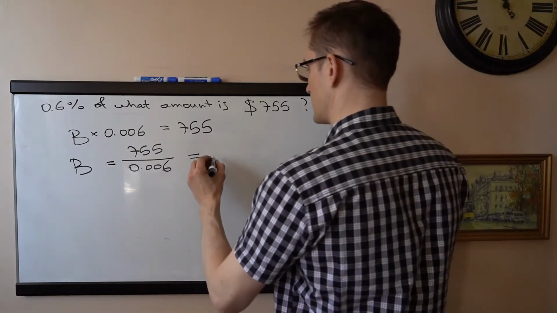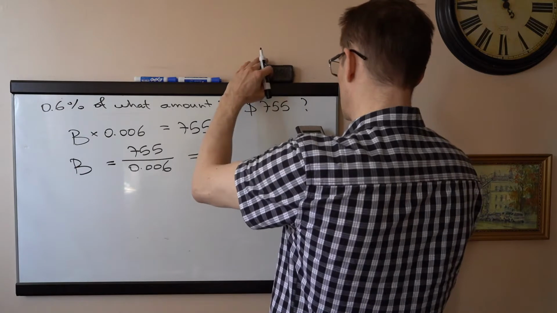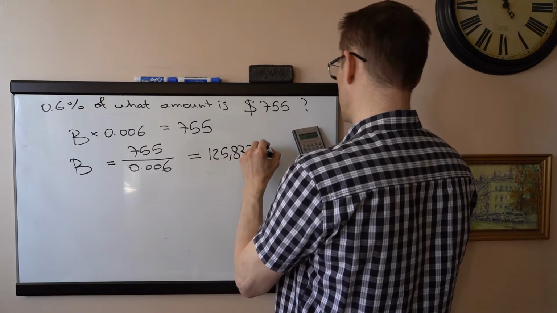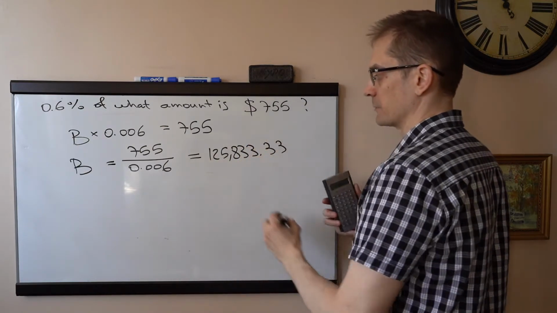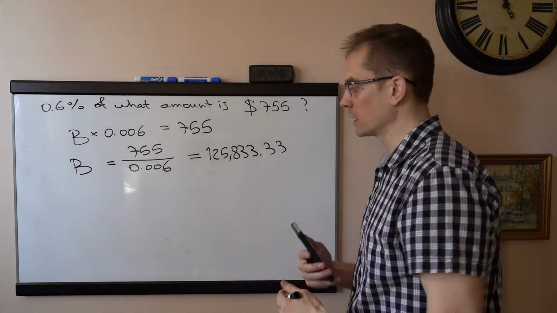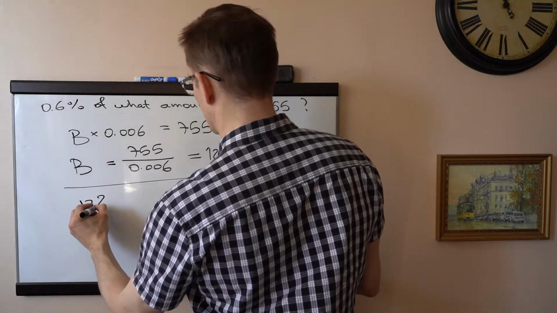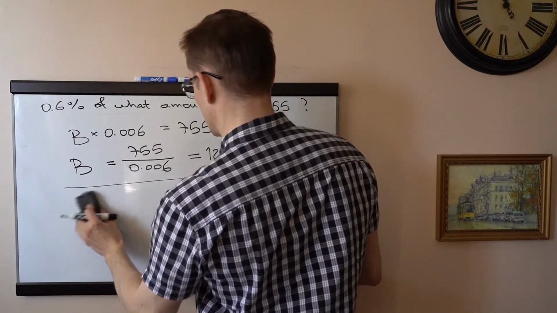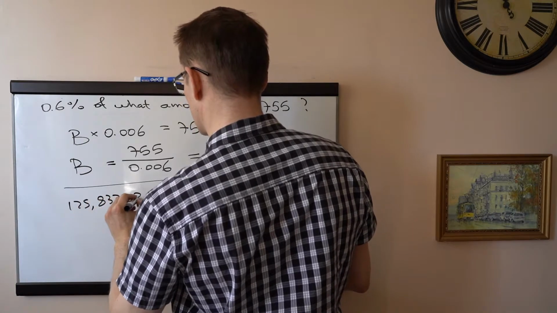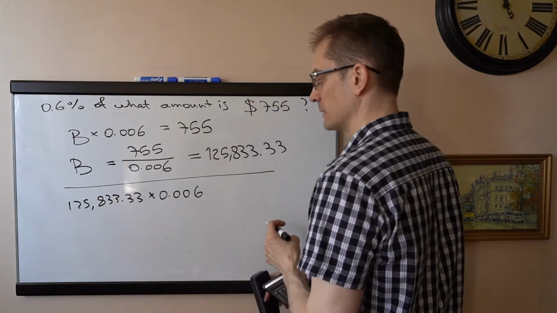Now what we do is we take 755 and divide by 0.006. The answer is 125,833.33, rounded to 2 decimals. By the way, it is always helpful to double check your work if you want to make sure that you are making the right solution. So 125,833.33, multiply that by 0.006, right?